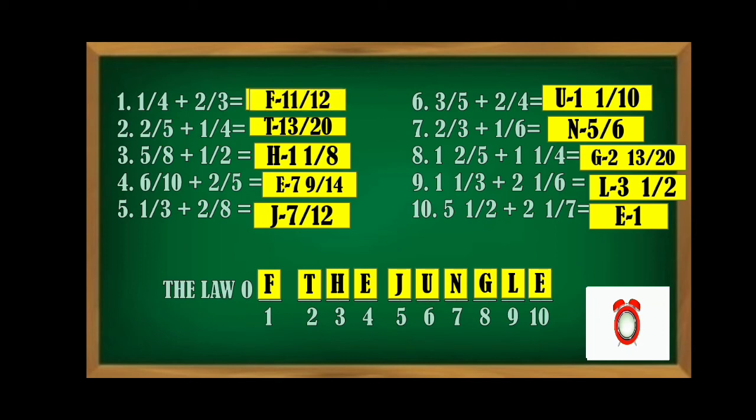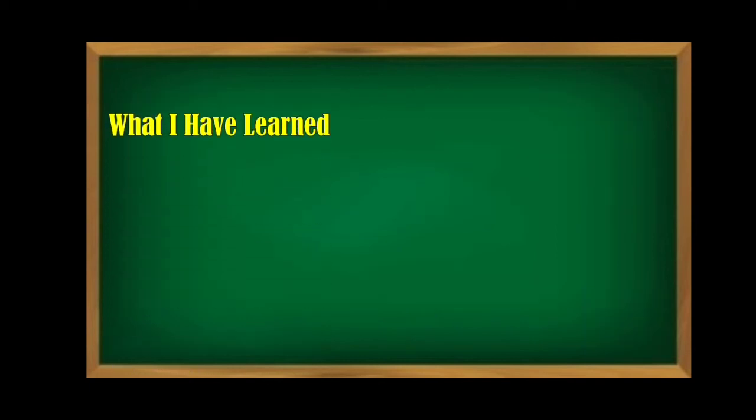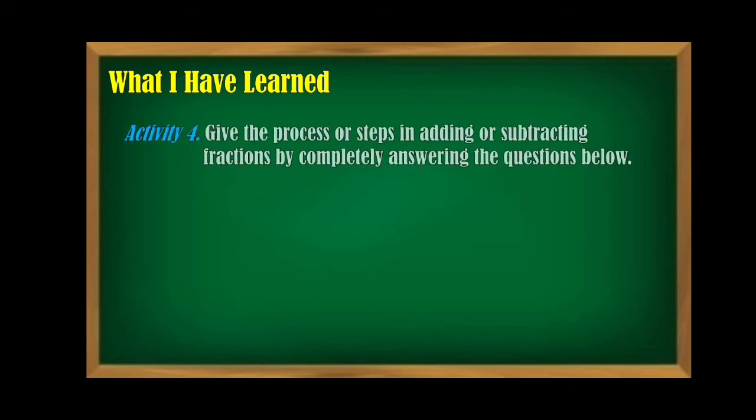Okay, so let's move on to what I have learned. For this activity, you are going to give the process or steps in adding and subtracting fractions by completely answering the questions below. So the first question is how to add dissimilar fractions.